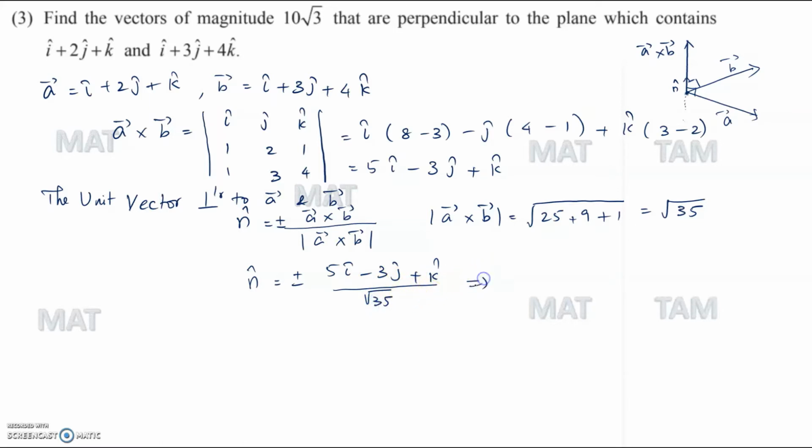So further we can say, if we multiply n cap with this 10 root 3 magnitude vector, or sorry, scalar quantity, so this becomes 10 root 3 n cap is equal to plus or minus 10 root 3 into 5 i cap minus 3 j cap plus k cap divided by square root of 35. So that's our required answer.